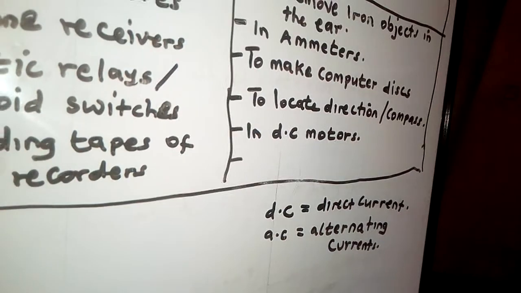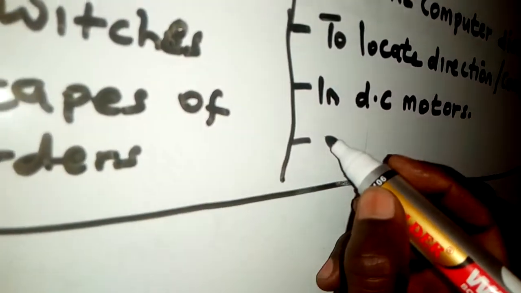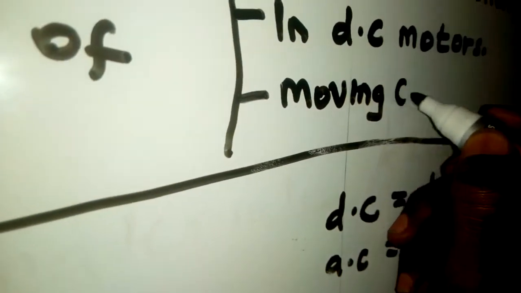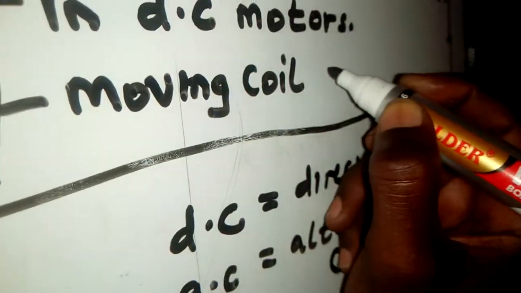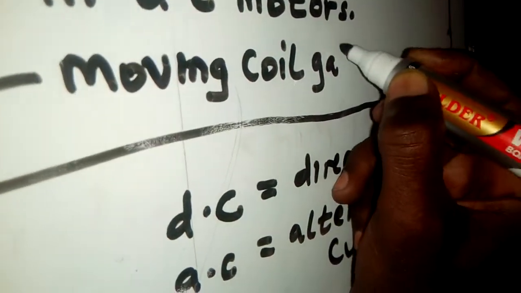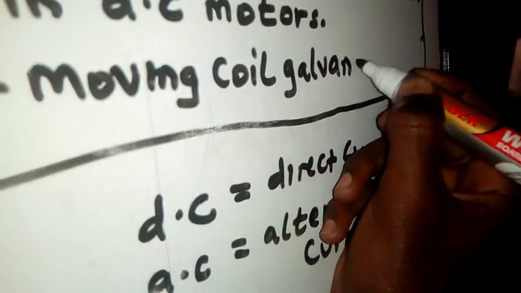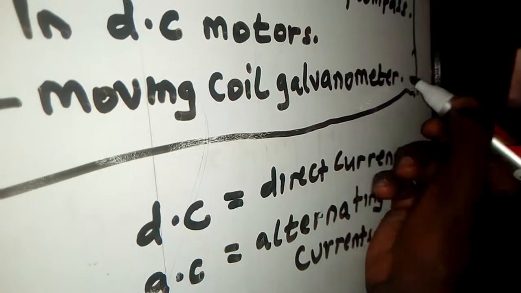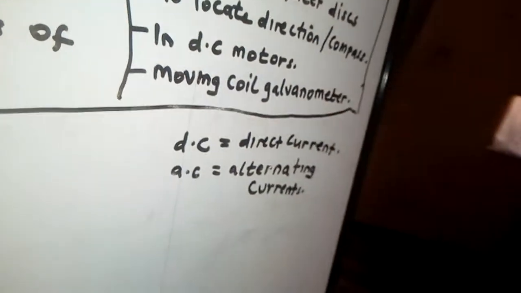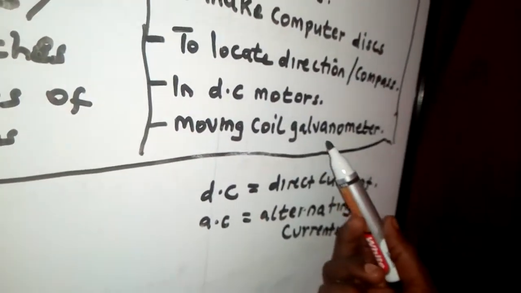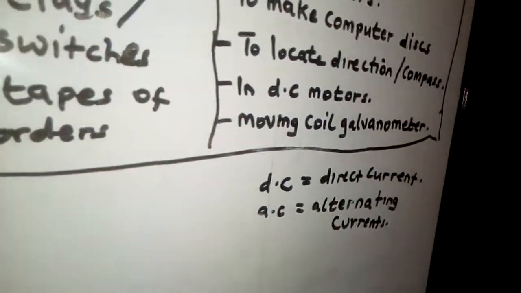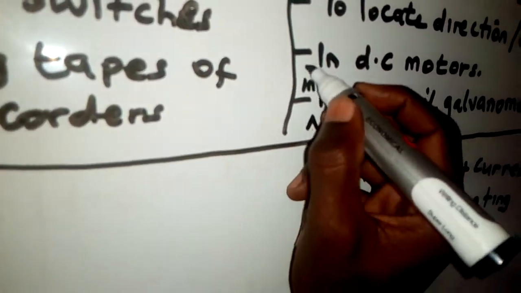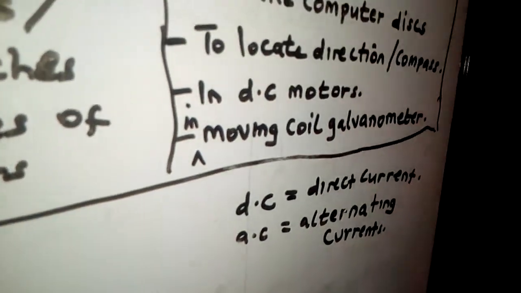We also have another instrument called a moving coil galvanometer. Very good. Now, this one we shall also look at later. So we use them in the moving coil galvanometer.